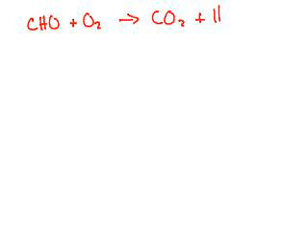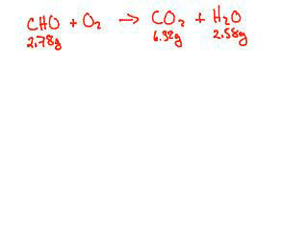All right, you've got a CHO compound. That's ethylene butyrate. And you're going to react with oxygen, and it's going to make CO2 and H2O. Now, what do you know about this? You know that combustion of 2.78 grams of this yields 6.32 grams of carbon dioxide and 2.58 grams of water.